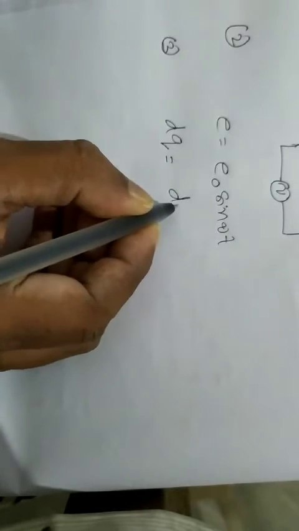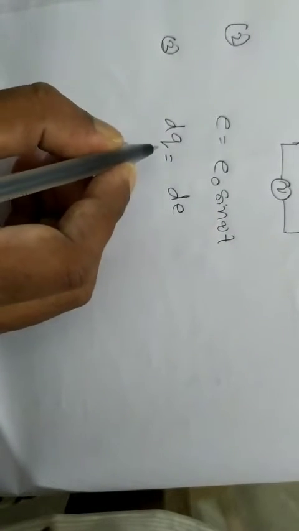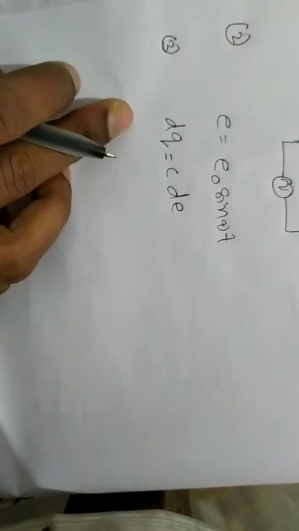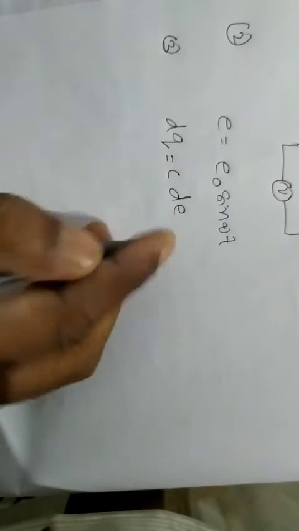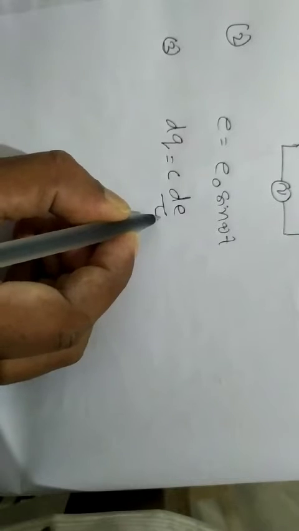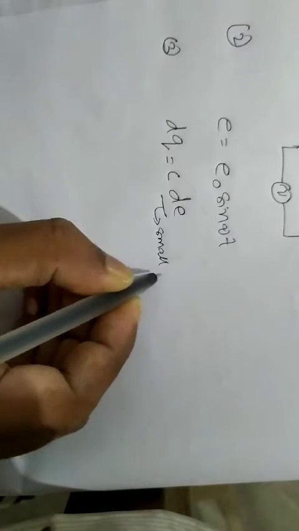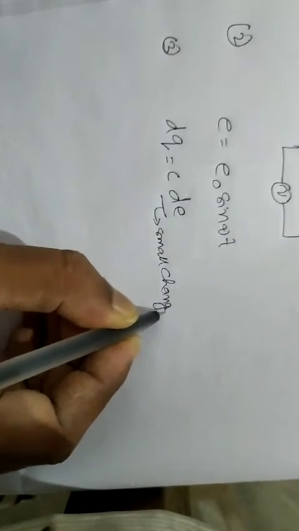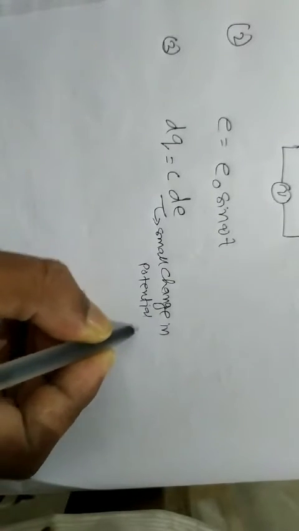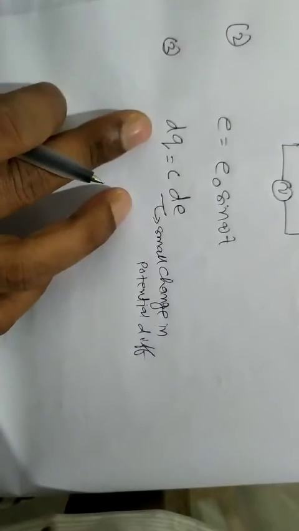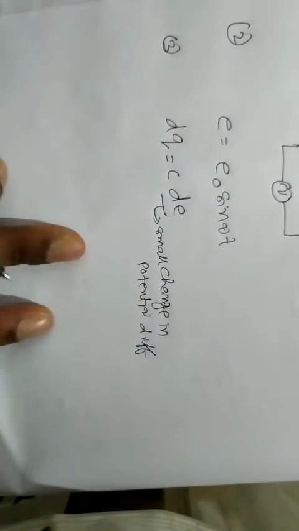We know that q is equal to C into V. If I take the potential difference as E, then dE is a small change in potential difference. So if there is a small change in charge, then there is a small change in potential difference.